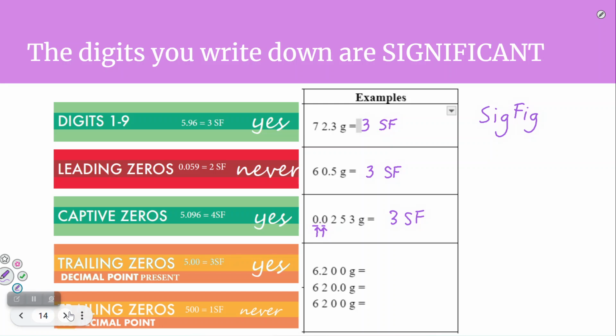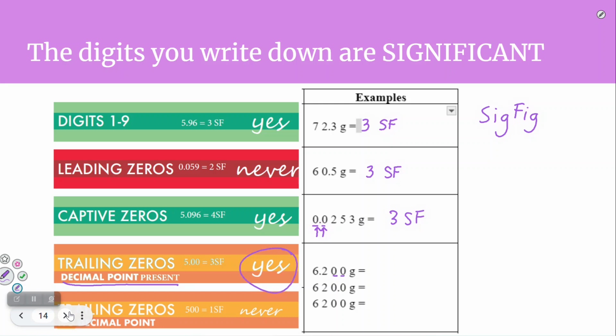And lastly, we have 3 measurements made in that box on the bottom, 6.200, 620.0, and 6,200. So the only difference here is the decimal is moving around. According to my rule about zeros at the end of a number, if they are at the end and you do have a decimal point, yes, they're always significant.